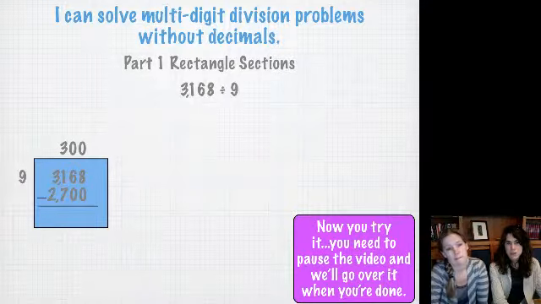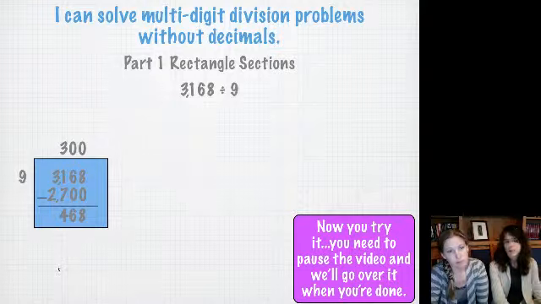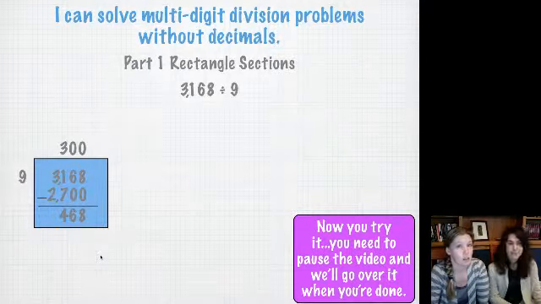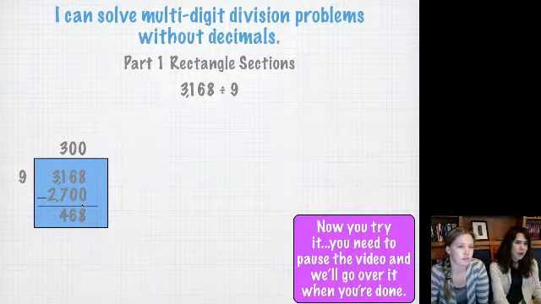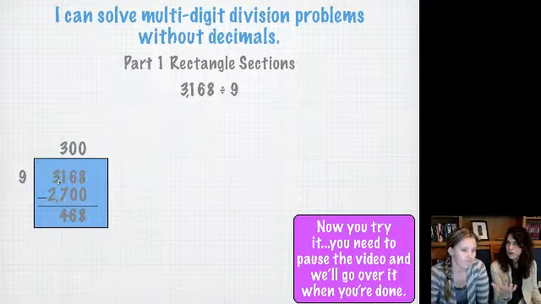So you should have something like that. And then when you subtract it, as long as you remember to do all your carrying and all that good stuff, you should have 468. Once again. Now also, if you got this far and you don't have the same answer as us, fix it and then pause us for a second and try and finish the rest of it. Because it is tricky, because if you just make one little subtraction error here, your whole answer can be totally different.